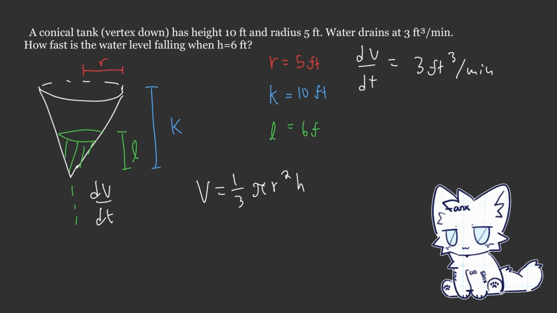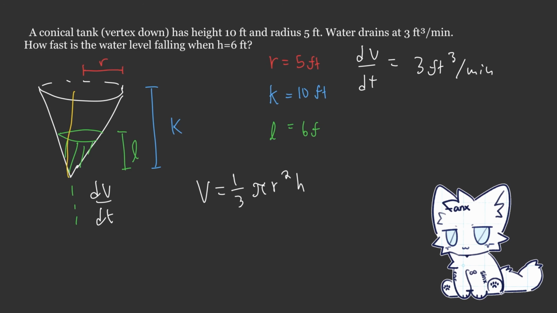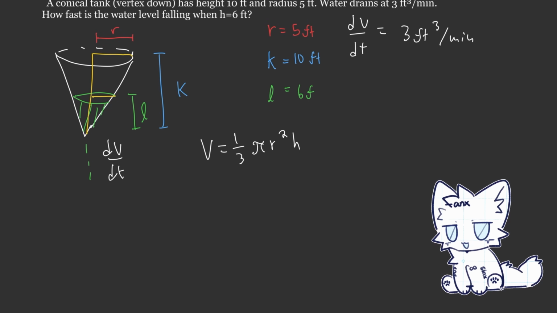So what we need to do is find the height and radius of the water when the height is 6 feet. We need to utilize something called similar triangles. So if we create a triangle up here, we can see another triangle where the water height is at. Let me draw it separately from the diagram to make it clear.